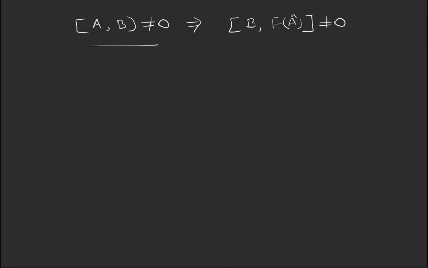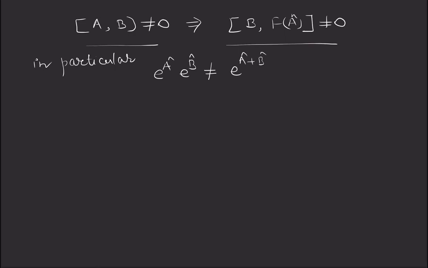If this is 0, then this will be 0. Otherwise, this will not be 0. In particular, e to the power A into e to the power B operators is not equal to e to the power A operator plus B operator.